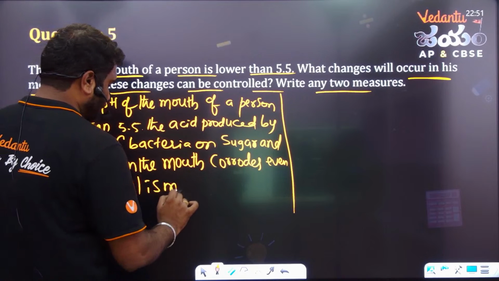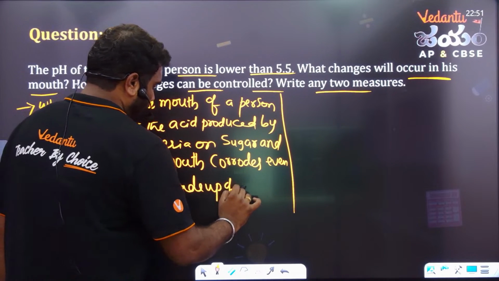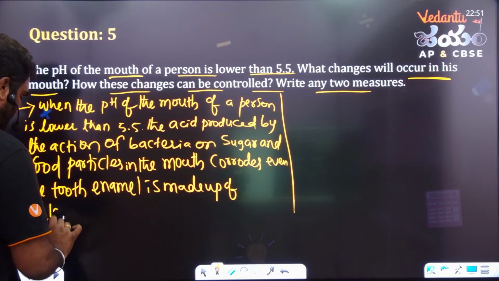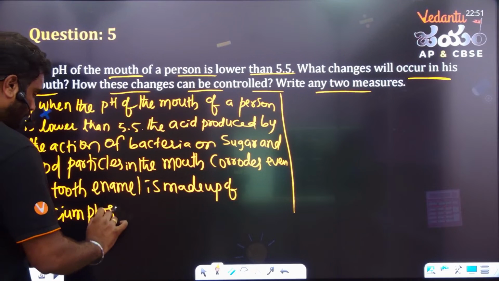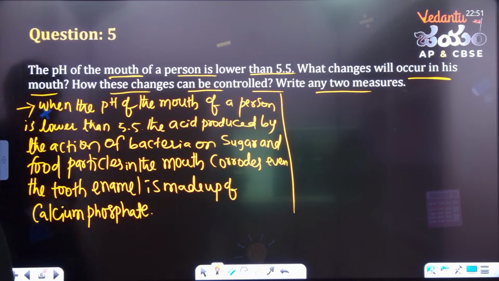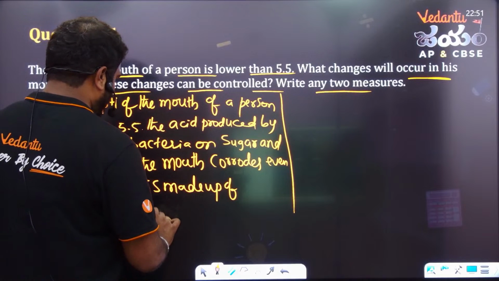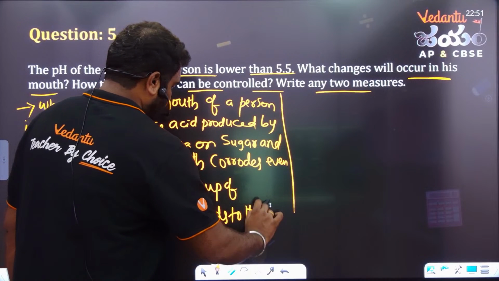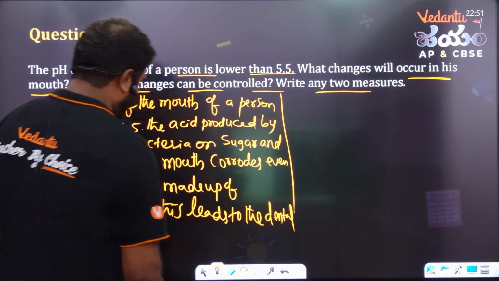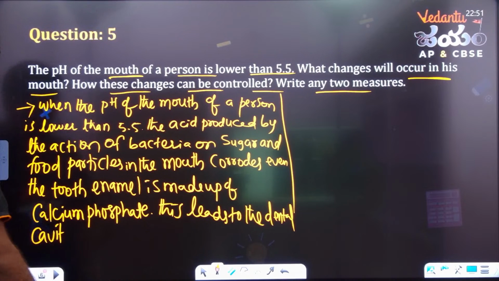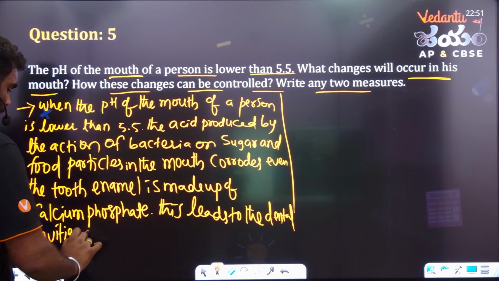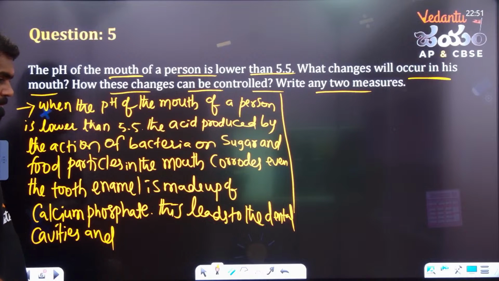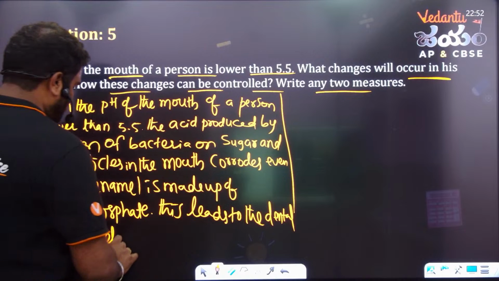So this leads to the dental cavity. This leads to the dental cavities and tooth decay.